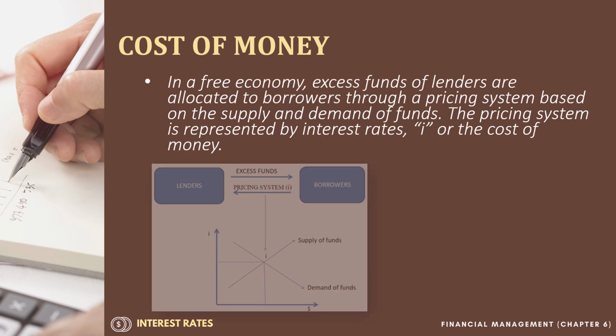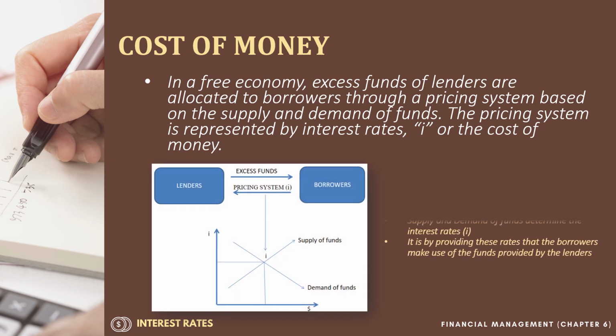In a free economy, excess funds of lenders are allocated to borrowers through a pricing system based on the supply and demand of funds. Now, as you can see in this illustration, the lenders provide excess funds to the borrowers, and in return the borrowers pay such price, or what we commonly know as the interest or interest rate.